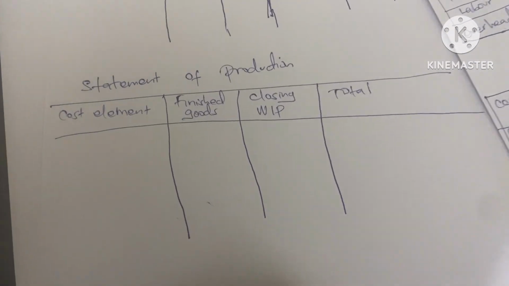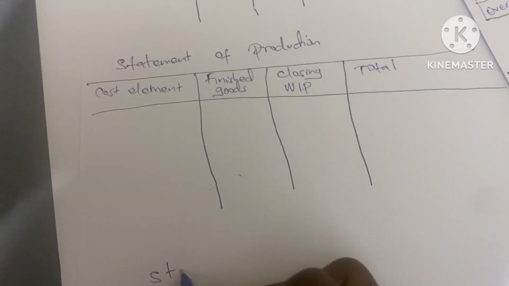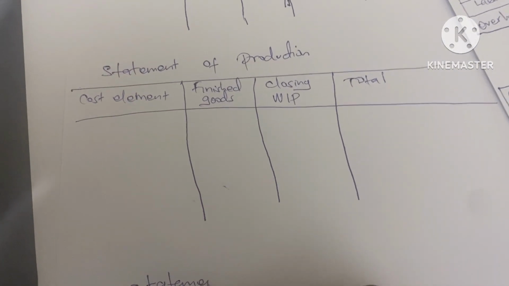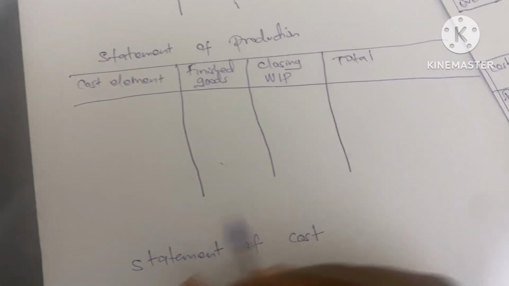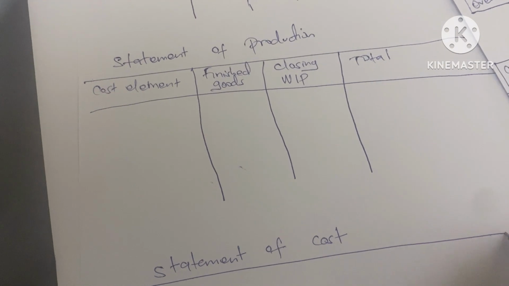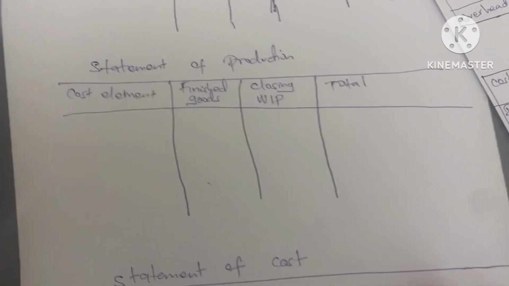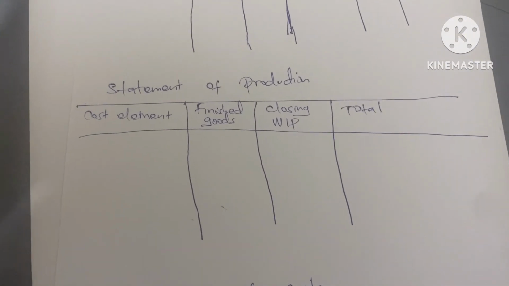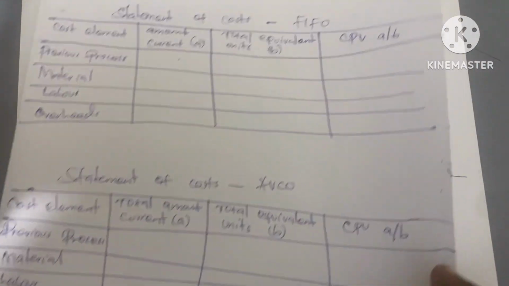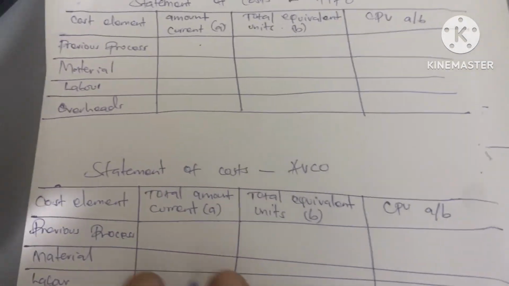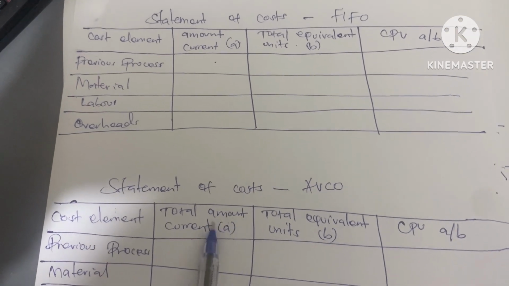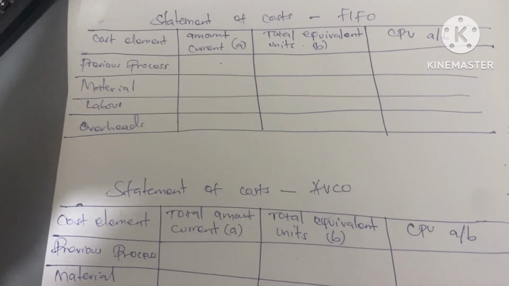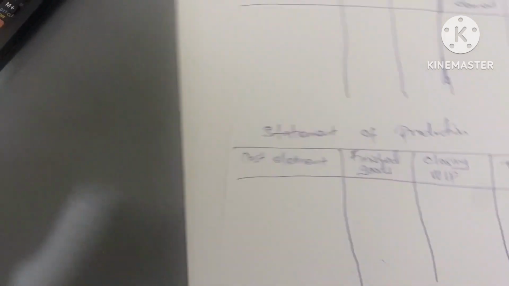Then we also have the statement of cost. The statement of cost using the WAVCO method, it is supposed to be like that: cost element, current amount, total equivalent, CPU out of that.